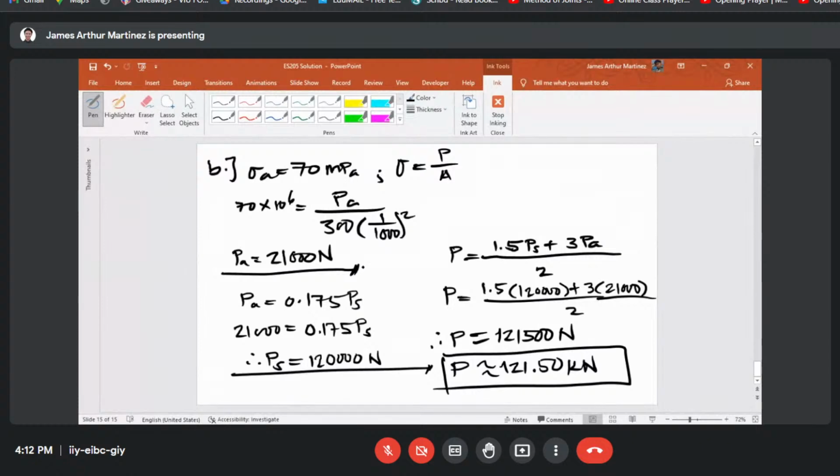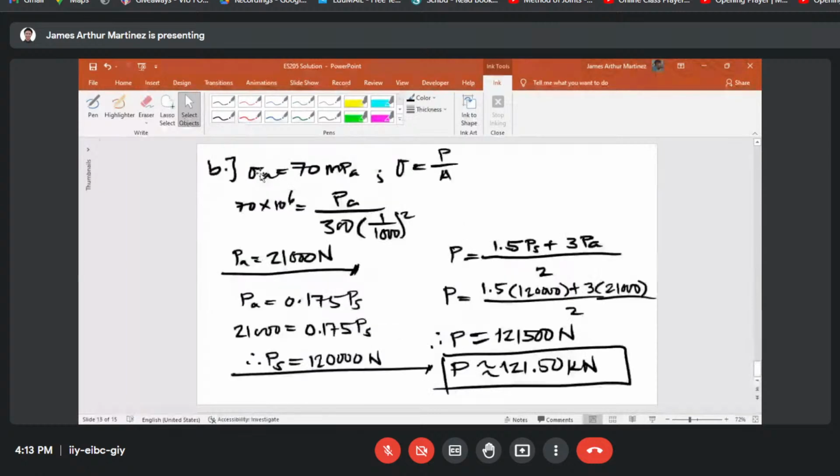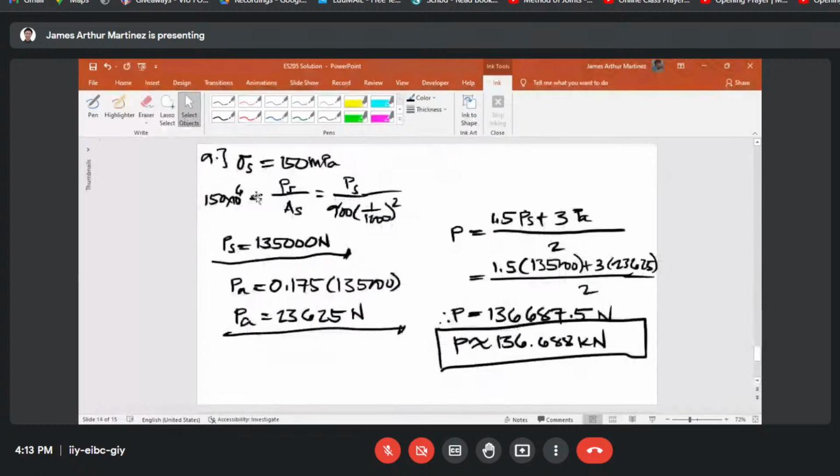The internal reaction of aluminum would be 21,000 newton. Okay? And then for PS, on the aluminum basis, you have 120,000 newton internal reaction of steel. And the allowable normal stress of steel gives an internal reaction of only 135,000 newton.